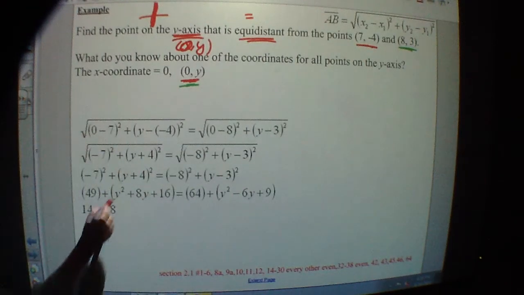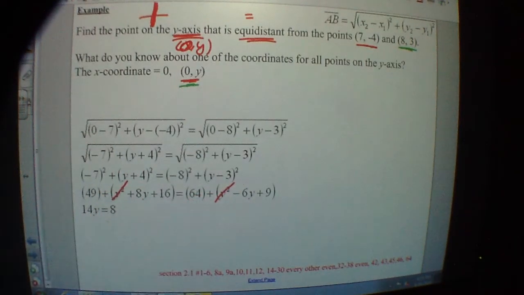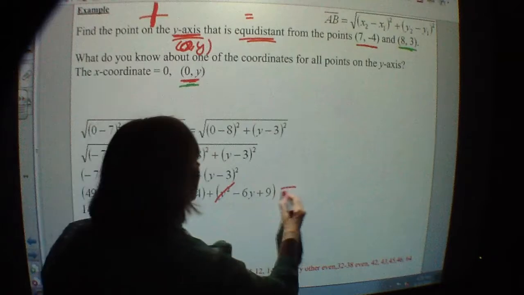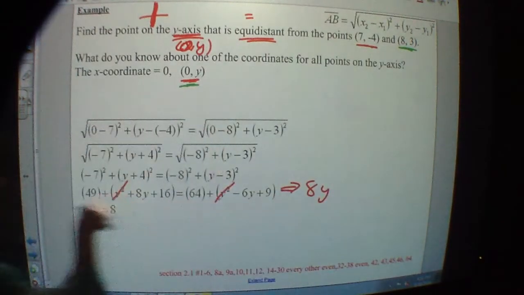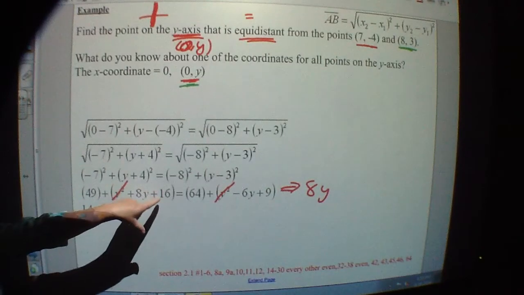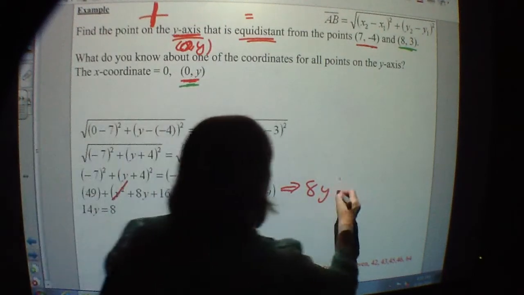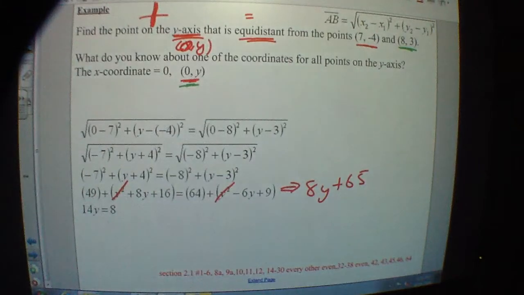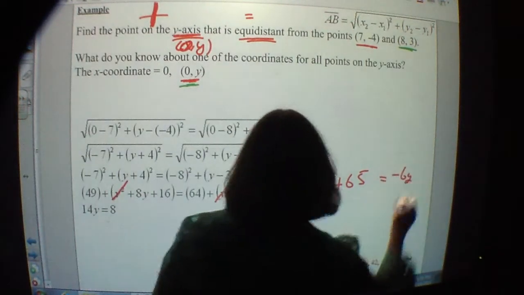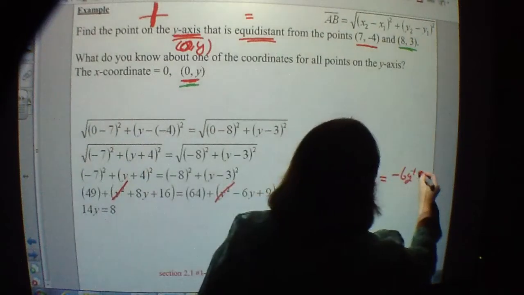And let me show you what I just did. Y squareds, if I subtract, they cancel out. I have 8y on the left, and I also have 49 plus 16, which is 65, right? And then on the right side, I have negative 6y plus 73.